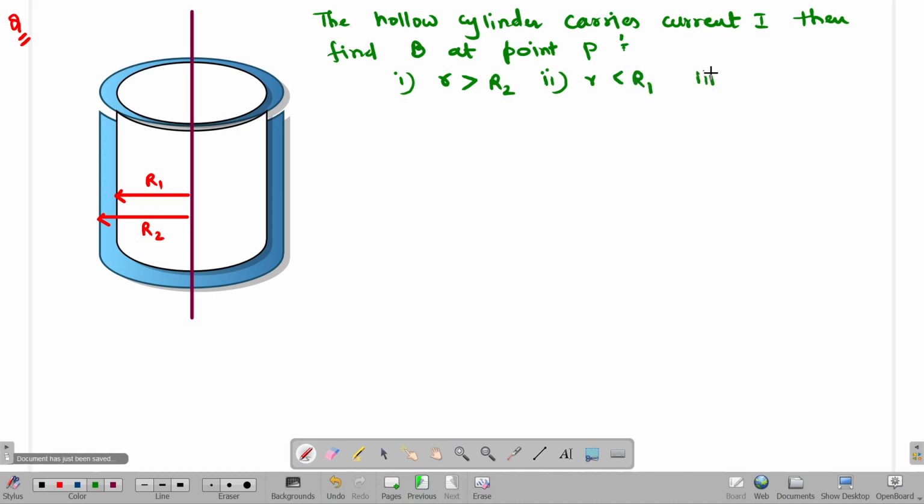And third case, when r lies between R1 and R2. Do it.